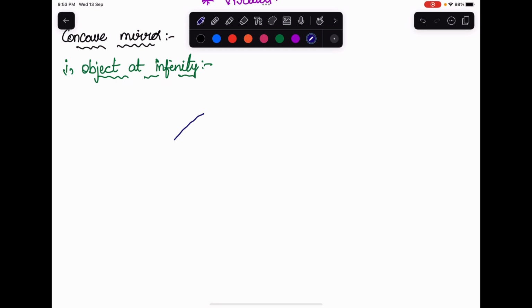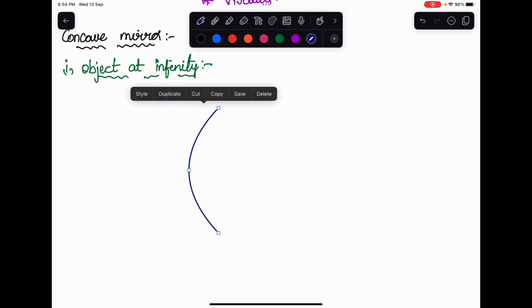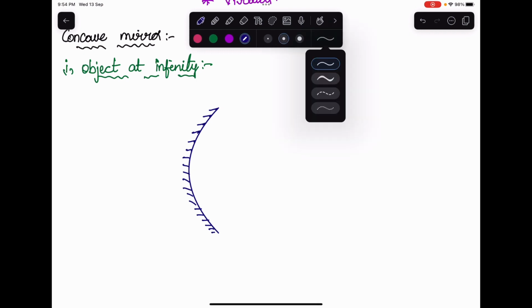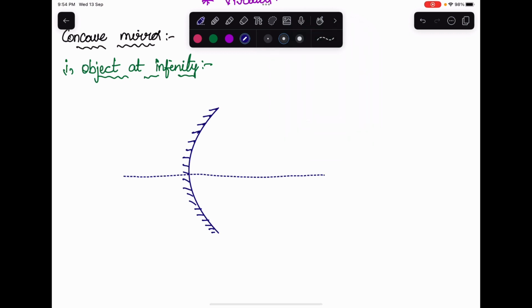First, you need to draw your concave mirror as usual. Based on my adjustment, I am making the things which are required. This is your concave mirror, with silvering on the bulged part. And this is your principal axis.